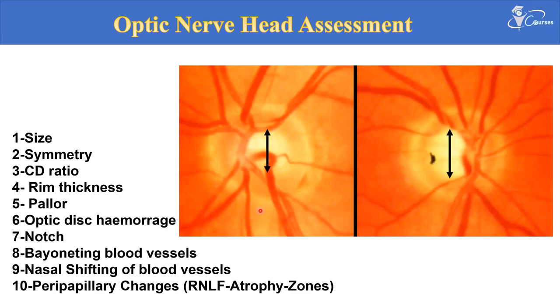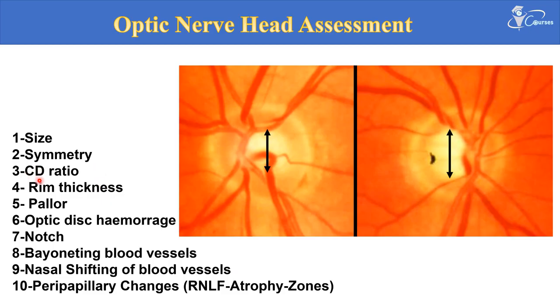It is not diagnostic, but it is very suggestive: if there is asymmetry between both eyes of more than 0.2, for example this eye has 0.5 and this one 0.7, a difference of 0.2 or more is suggestive of glaucomatous damage.